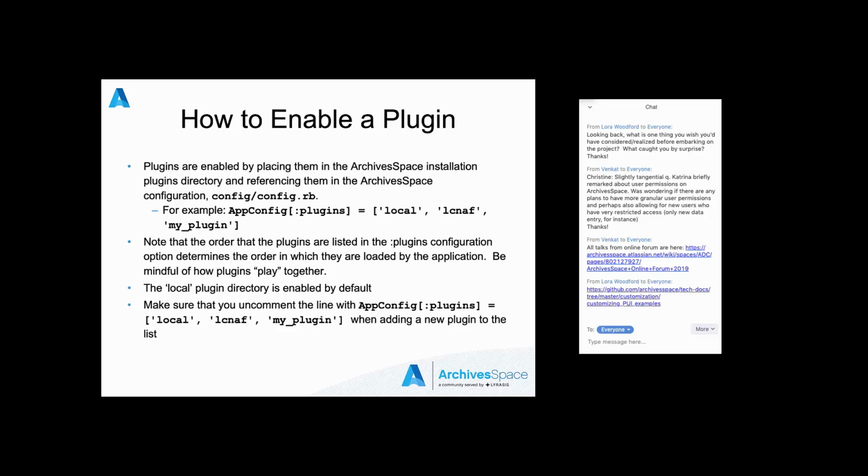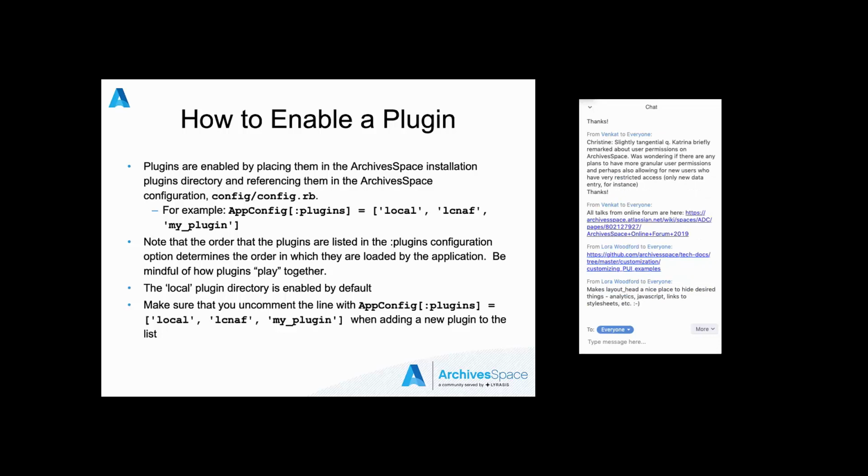And so, for example, if your plugin's name is my_plugin, you would add that to the list that already exists in the config.rb file. If you look at the config.rb file right now, it would already have local and lcnaf in it, and you just add that to the end of the list.